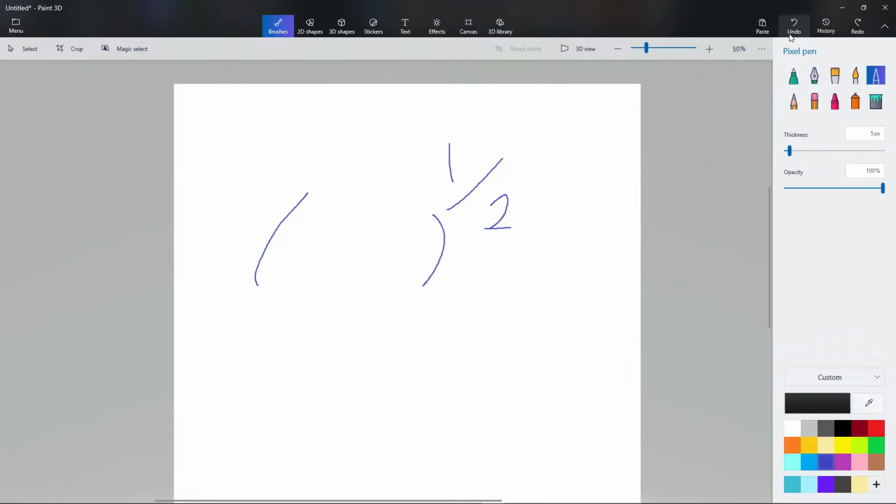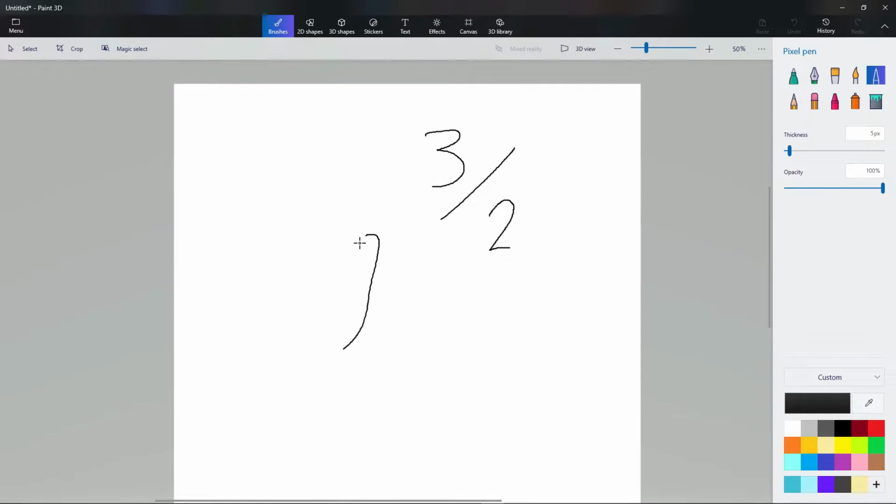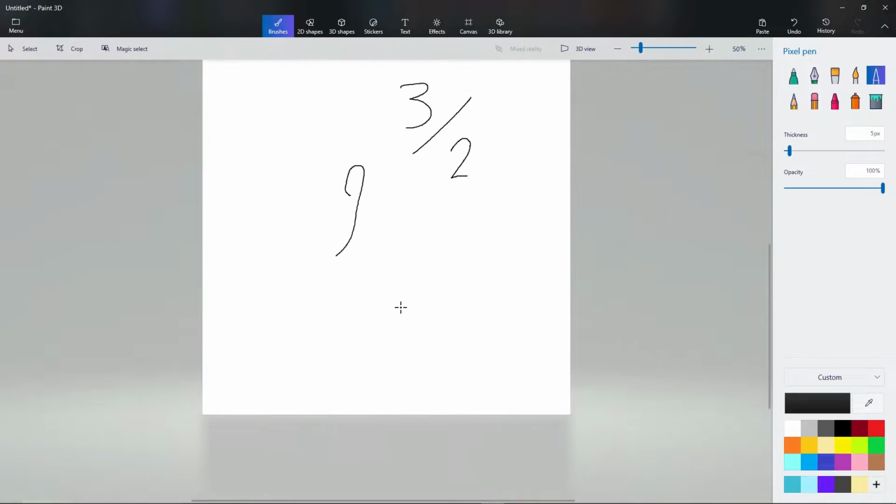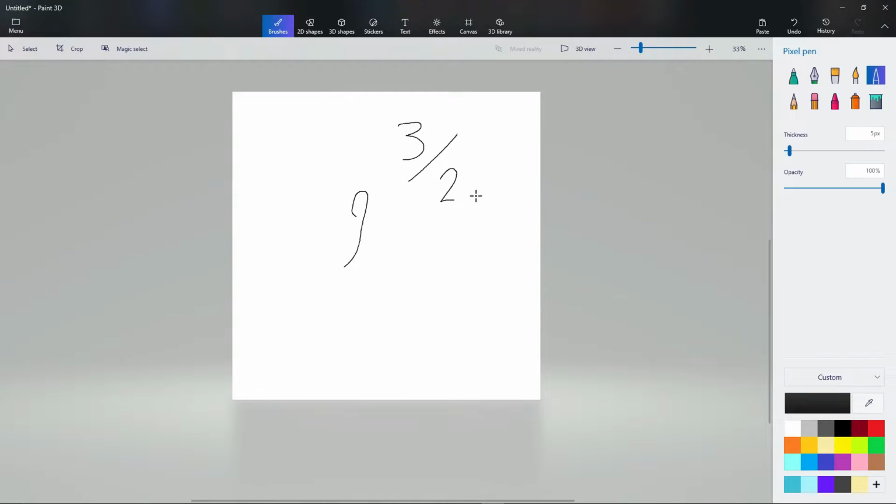So if I were to write down 9 to the 3 over 2 power, then I'm just saying I want the square root, because this is a 2 down here, of 9 to the 3rd power.